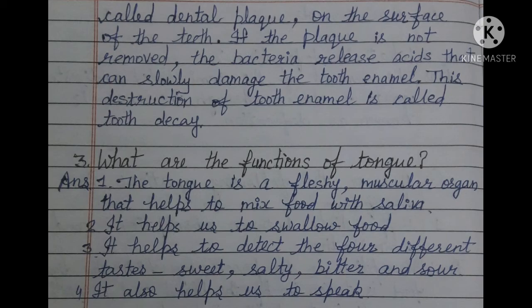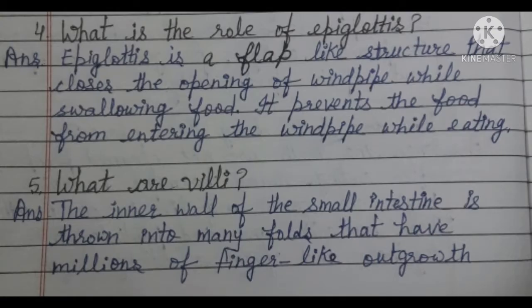Now the next question. Question number 4. What is the role of epiglottis? Epiglottis. Children, we have studied epiglottis. This is a flap-like structure that closes the opening of windpipe while swallowing food. From the buccal cavity or the mouth, the food enters the pharynx.